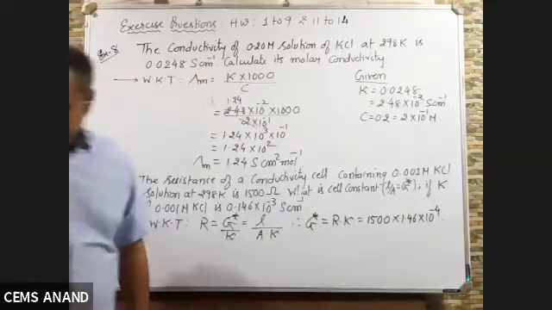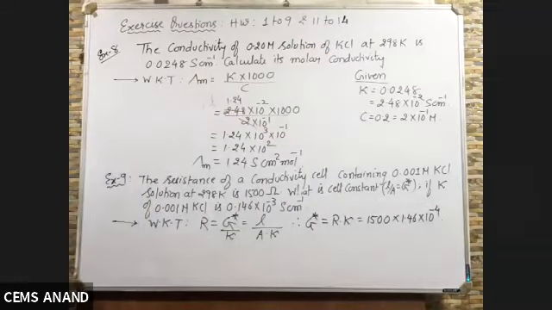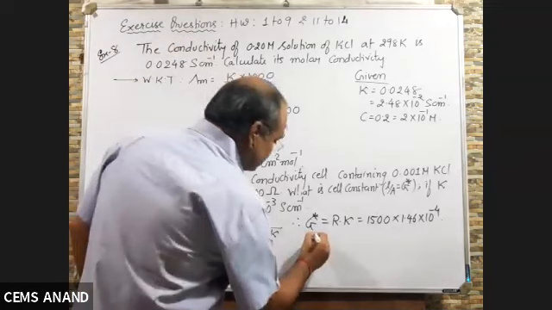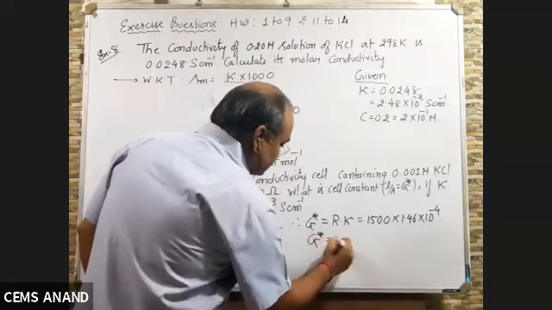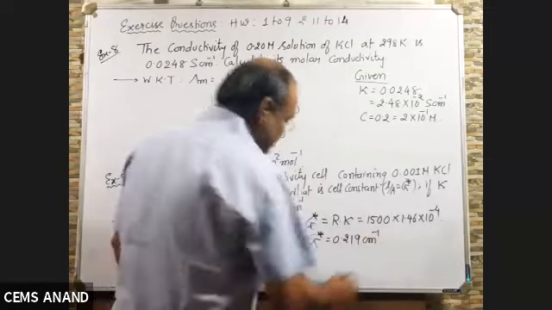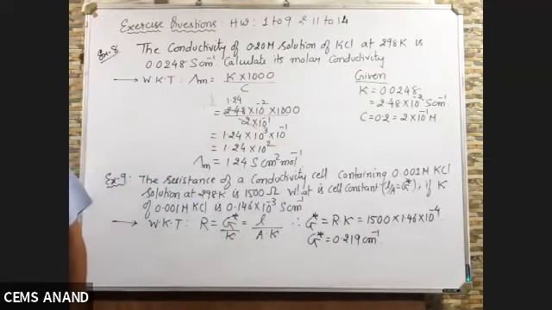Now multiply this and you will get your answer, 0.219. G asterisk will be 0.219 centimeter inverse. So these are the two numericals from the homework.